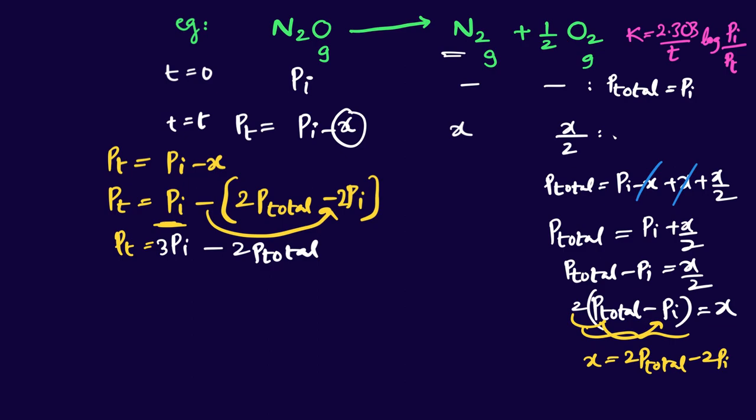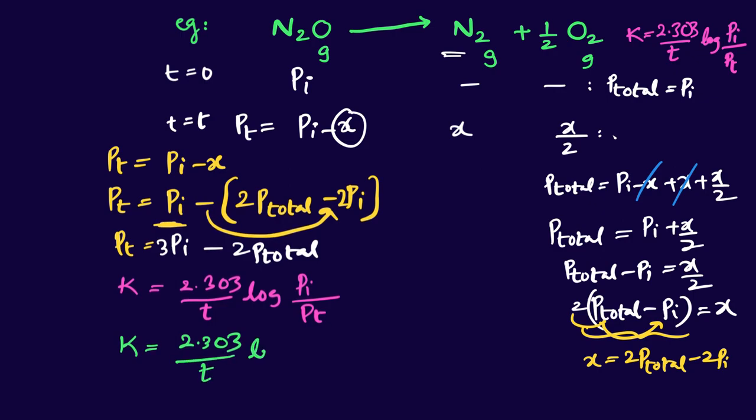I can place in this equation K is equal to 2.303 by time log P initial by P at T time. So placing now, I will get K is equal to 2.303 by time log P initial over P at T time, that is 3Pi minus 2P total.